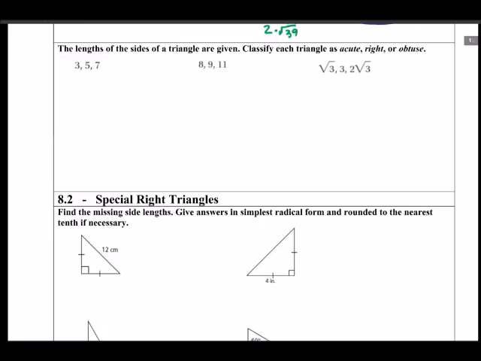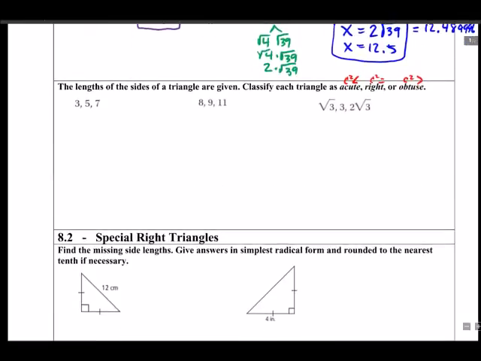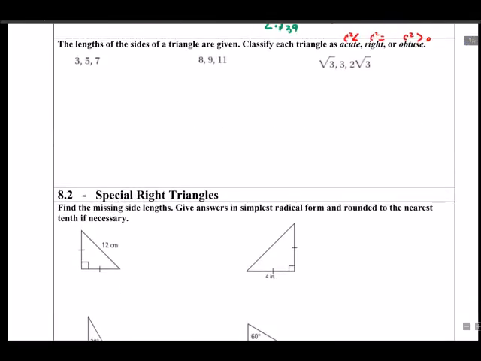And we also said we can use this to classify triangles. Acute, c squared is less than the sum of the squares of the legs. Right, c squared equals the legs, and obtuse, c squared is greater than a squared plus b squared.